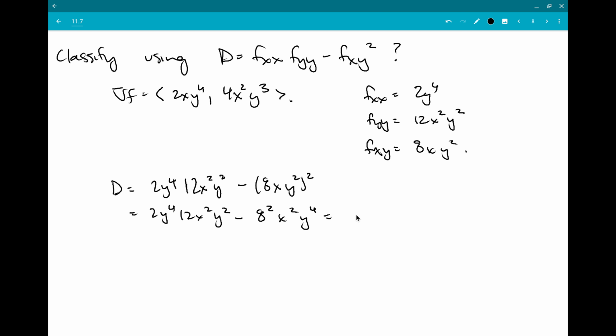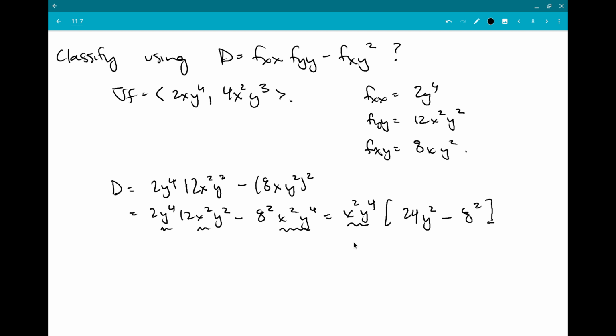So, okay, I'm going to pull out a common x squared y to the fourth. And then inside can go everything else. I don't super care about it. 24y squared minus 8 squared.